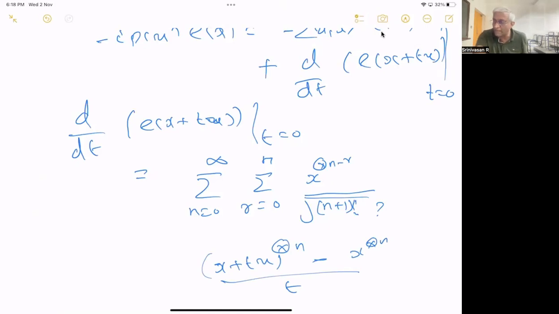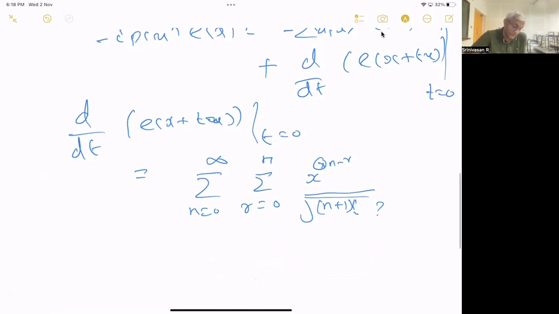And for that, there will be an n plus 1 factorial down, no? So what I have written is correct. Yeah, it is correct, n plus 1 factorial. Okay, I'm convinced. You also get convinced by thinking about it. So you get n plus 1 factorial down.